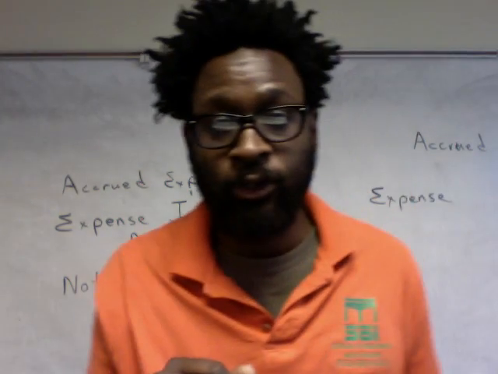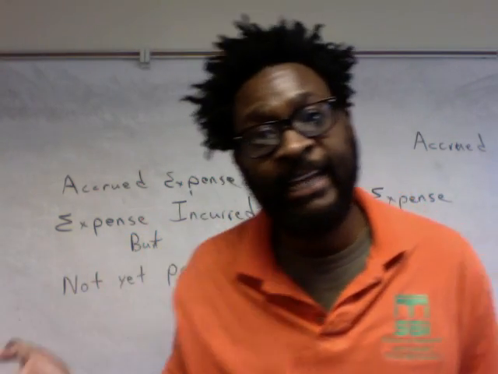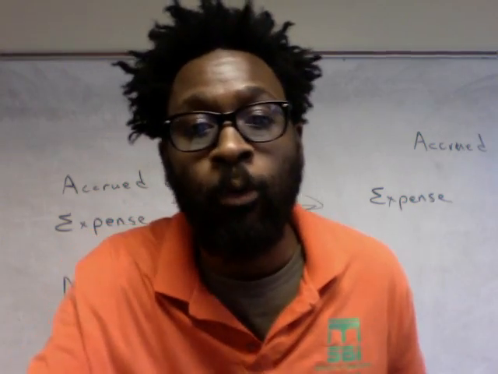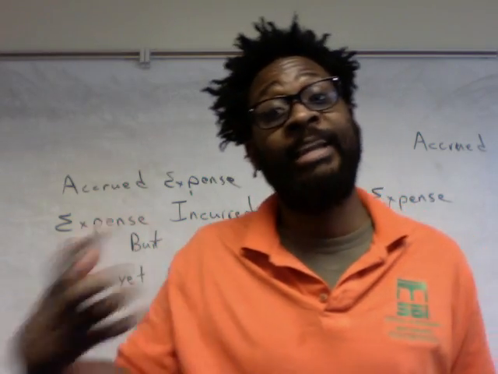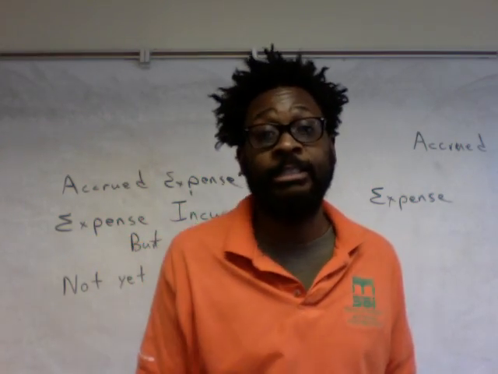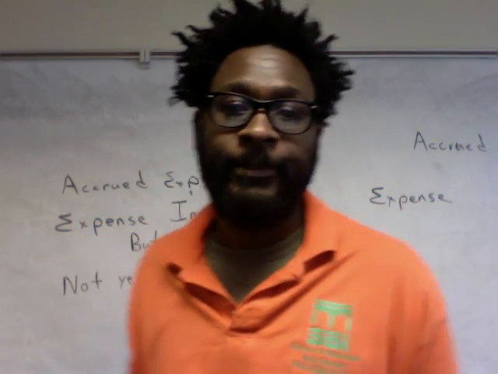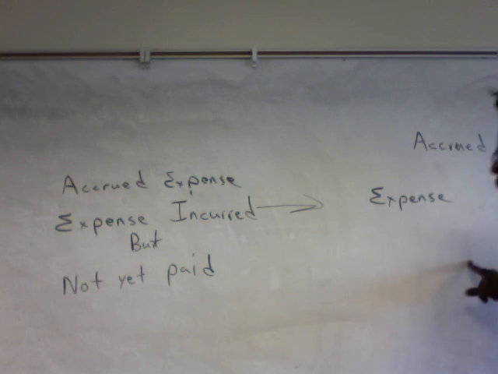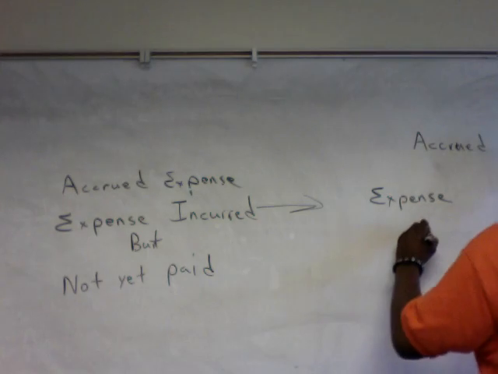What are you going to credit? Since it hasn't been paid, that means you still owe. If you still owe, you have a liability that is created, and you increase liabilities by what? Credit. So you have to credit a liability, a payable.